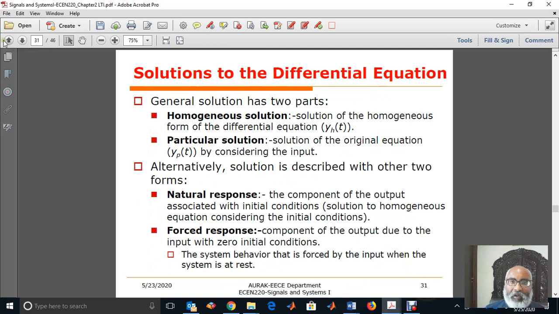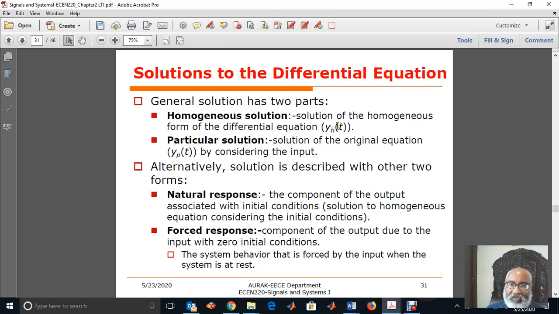Now, when we come to the solution of a system described by a differential equation, we have two alternative ways to find the solution. The first way is to find the homogeneous solution and the particular solution, and after that, the complete solution, which is the homogeneous plus the particular.